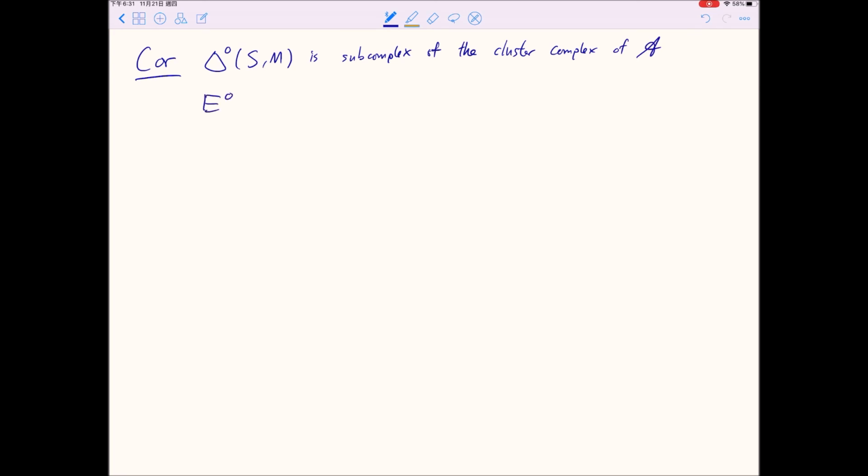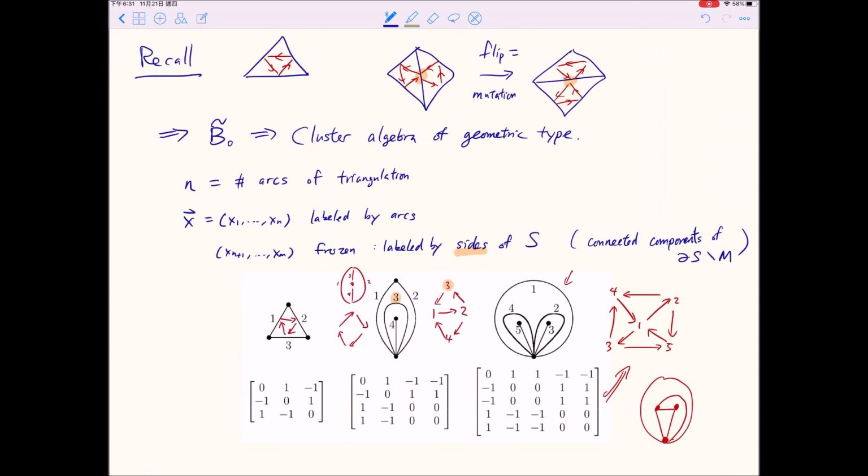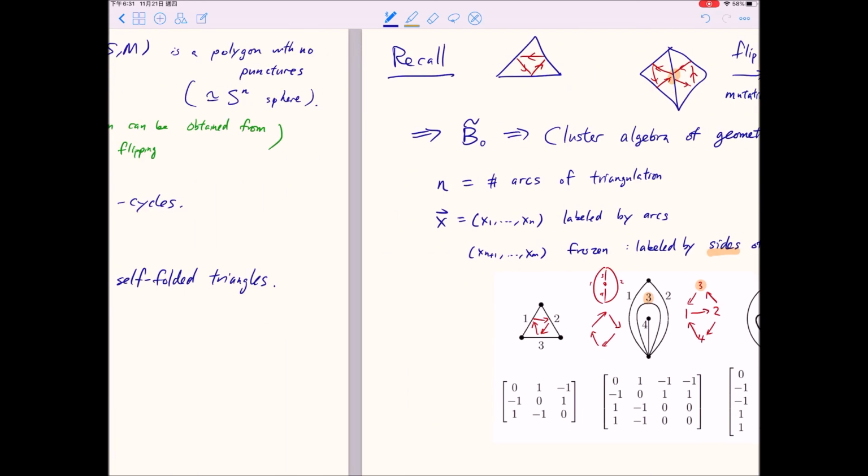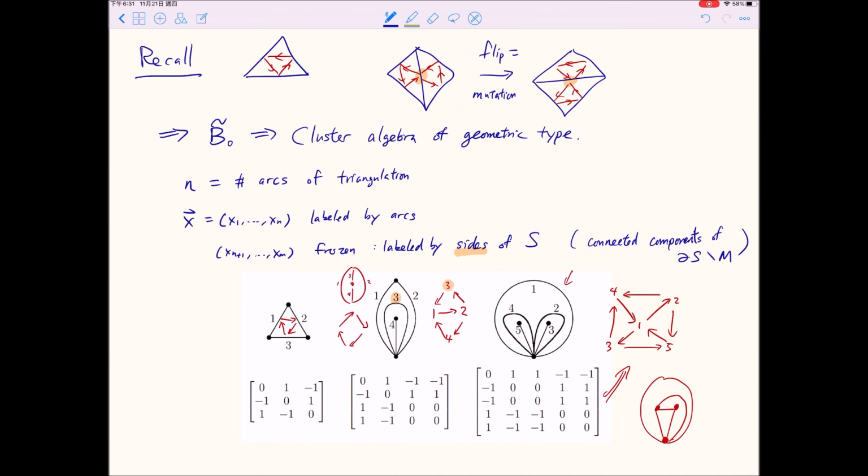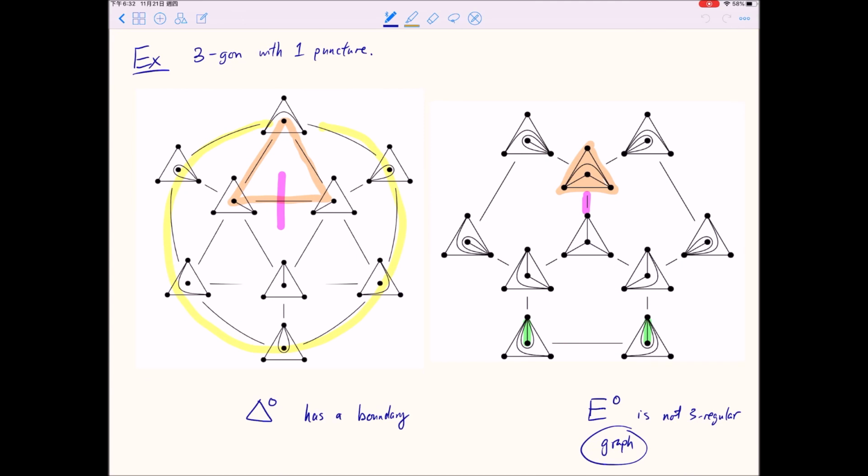And similarly, the dual graph will be a subgraph of the exchange graph of A. So this just follows from definition, right? Because we are associating triangulations with an extended exchange matrix, which is like a seed of the cluster algebra. And whenever you mutate, it corresponds to a flip. So this will be a subgraph.